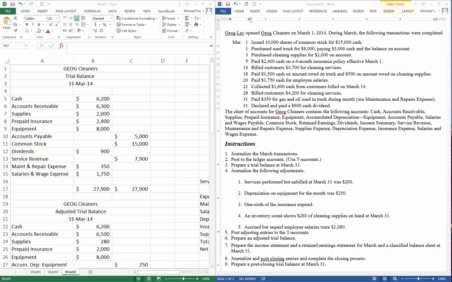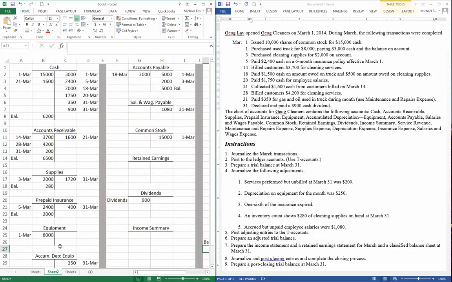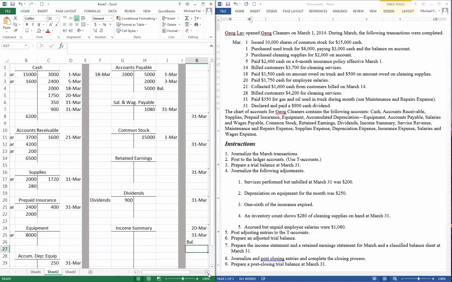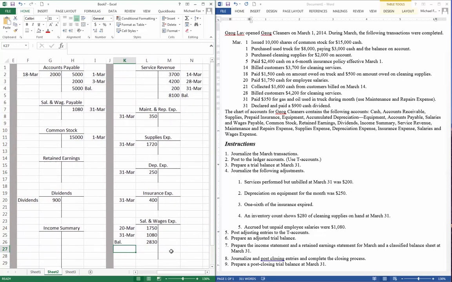So we know that our temporary accounts will be the revenue and expense accounts. Why? Because the balance sheet accounts are permanent. They stay, okay? So we have dividends and then revenue and expense accounts.